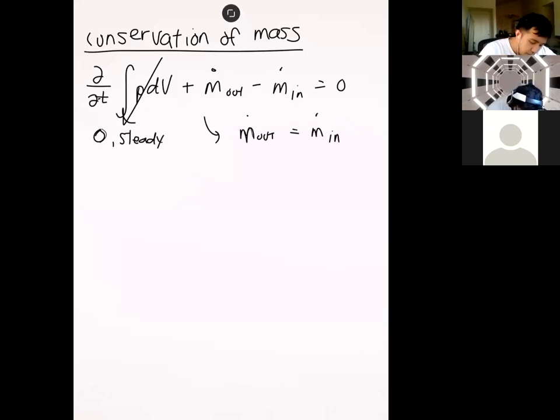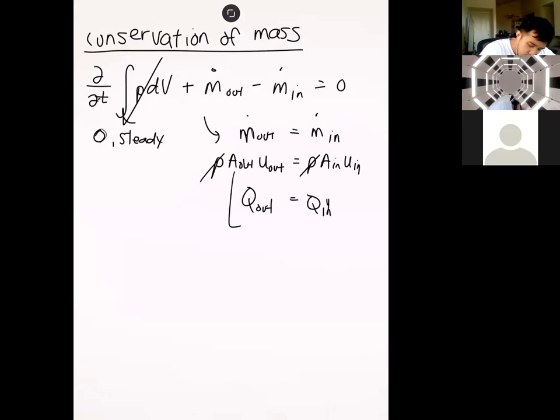Okay, and so if we substitute this, we say that m dot out is equal to rho A out u out, which is rho A in u in. Okay, and so cross out the rhos here, and we say that Q out is equal to Q in.